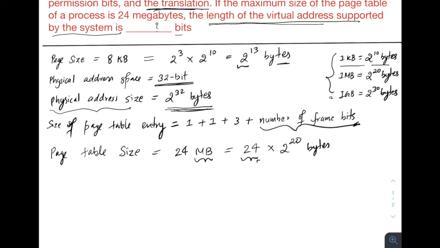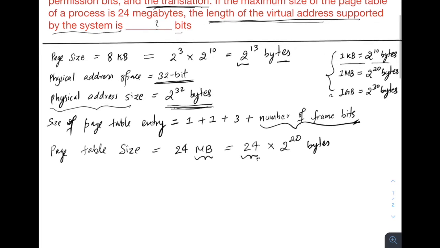Similarly, if you find that the total virtual address space size is 2 power x, then we know that x bits are required to address all the virtual addresses. So we will first try to find the virtual address space size of a process. If we can find that, then we can easily find how many bits are required for it.